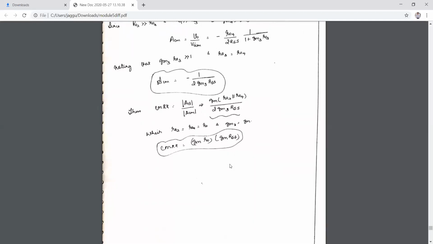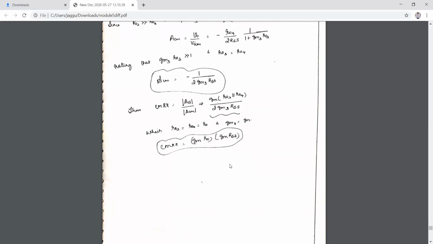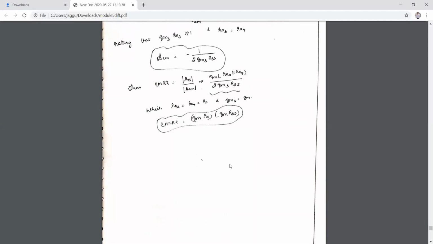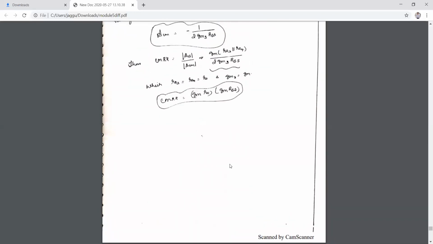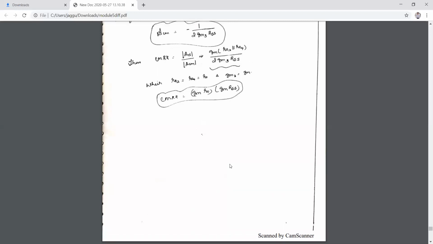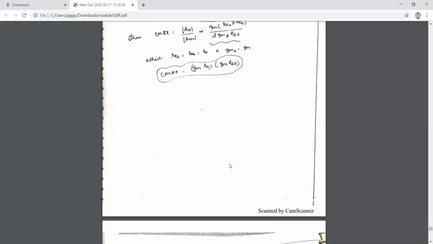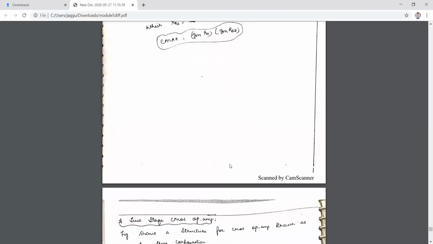Voltage is nothing but current into the corresponding resistance. Once current I4 is found, you can find the voltage, and after simplifying you get the common mode gain, which will be a nonzero value. You substitute that in the common mode rejection ratio and get an expression.